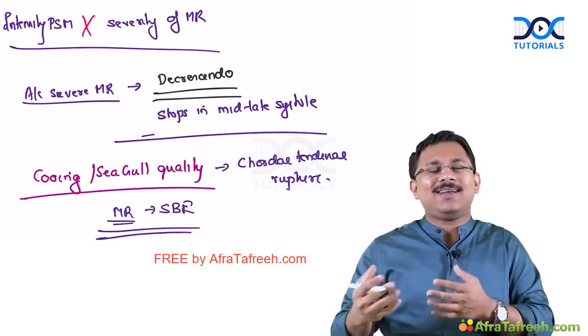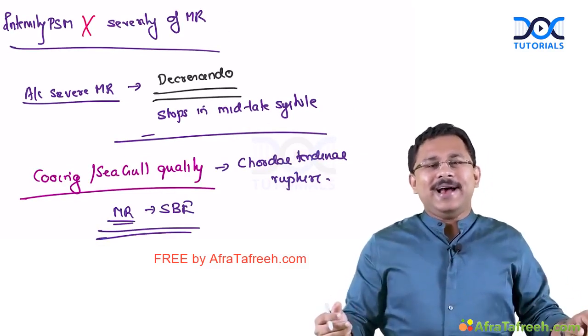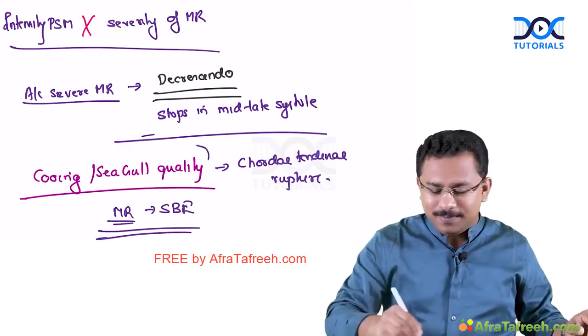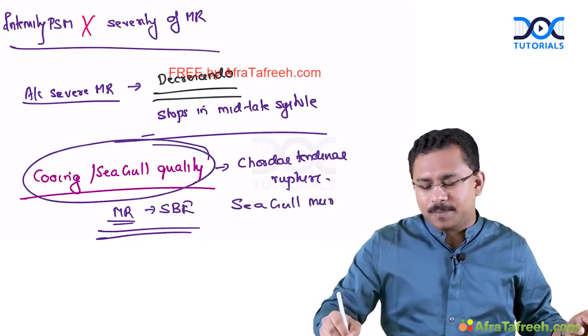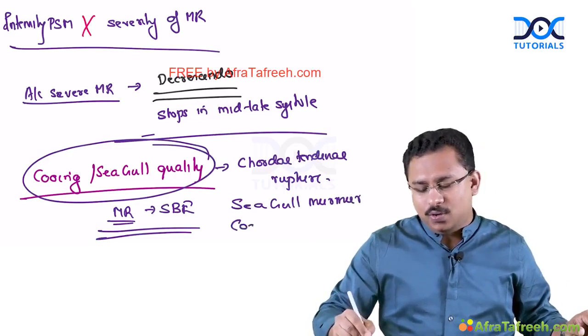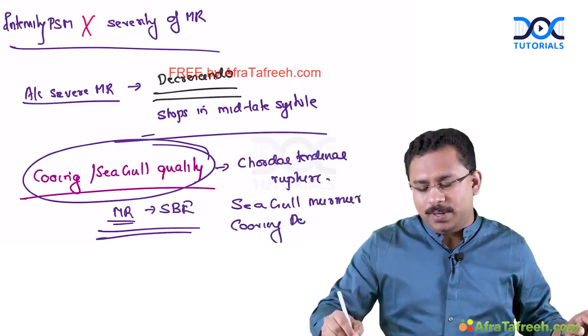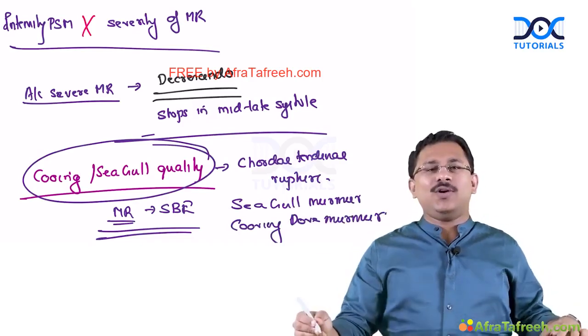That is when you can have a rupture of the chordae tendineae, and this is called a seagull murmur, or a cooing dove murmur.